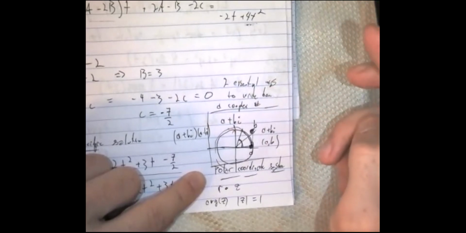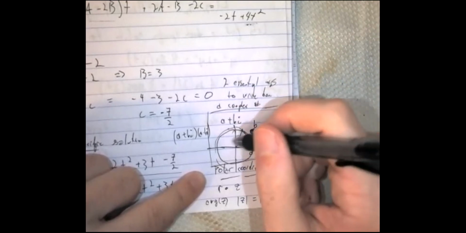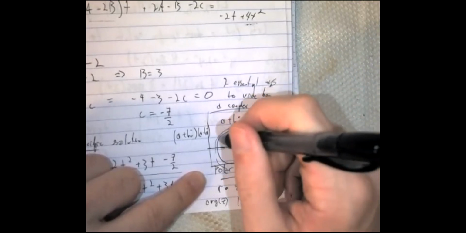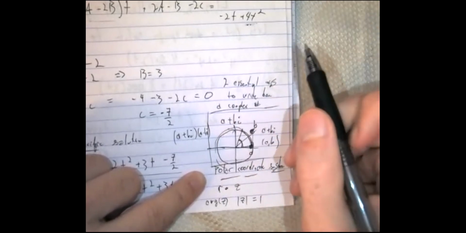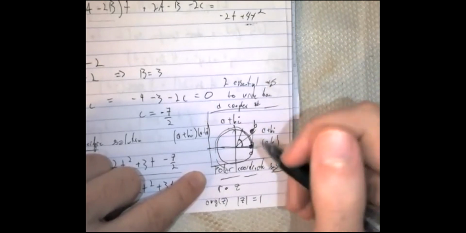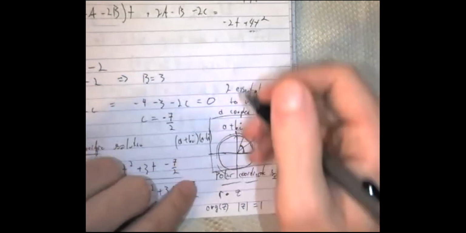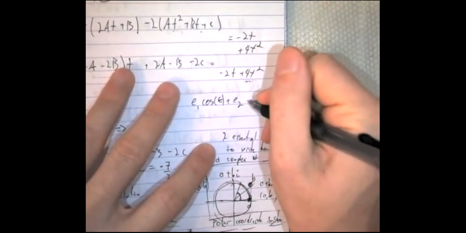So maybe one thing to remember is that we should be able to write a given number on the unit circle in terms of cosine and sine. In other words, if you want to parameterize the circle in R2, you do it as e1 cosine of theta plus e2 sine of theta, right?